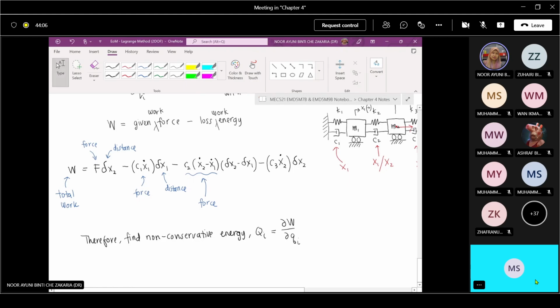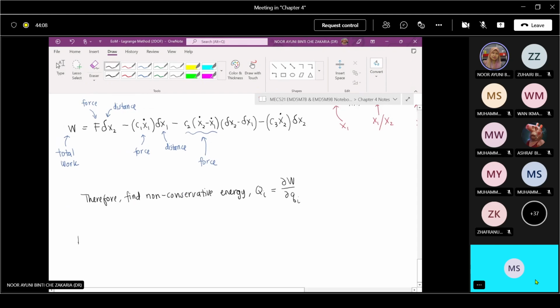So, again, for Q1, we have the partial derivative of work against x1. Another one is for Q2, it's a partial derivative against the displacement of x2. So we have to do both.